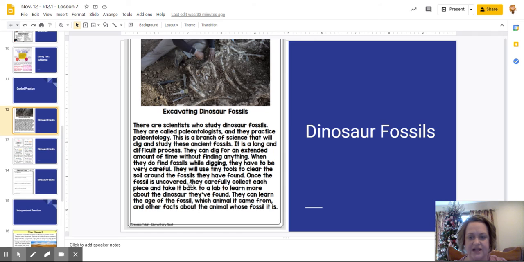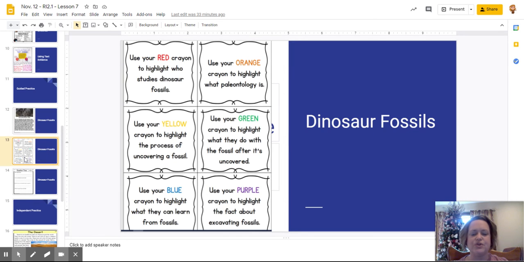Once the fossil is uncovered, they carefully collect each piece and they take it back to the lab to learn more about the dinosaur they found. They can learn the age of the dinosaur fossil, what animal it came from, and other facts about the animal whose fossil it is.